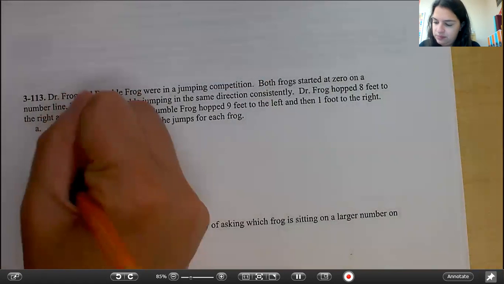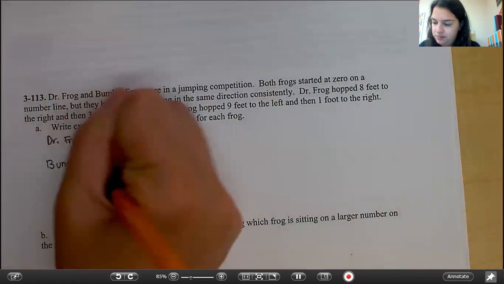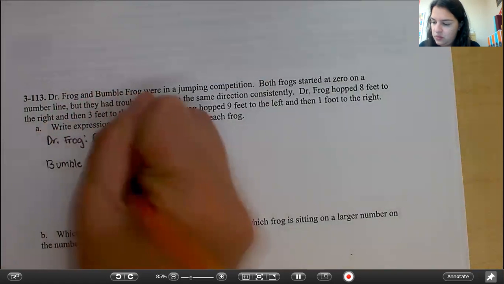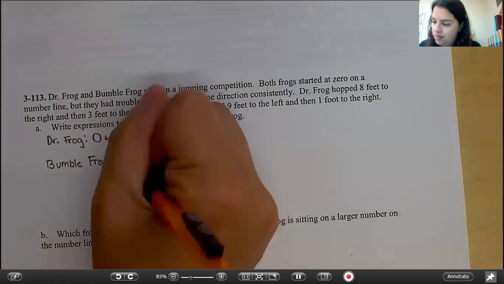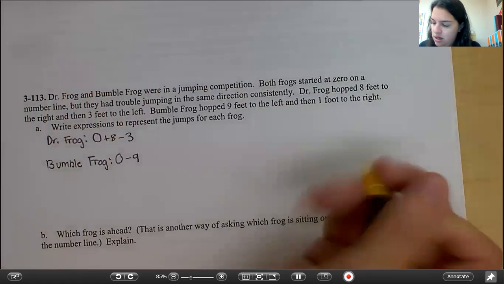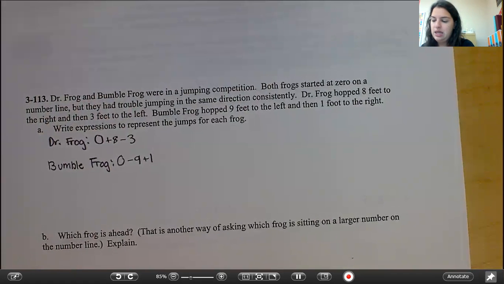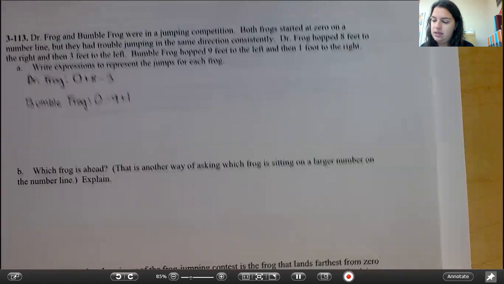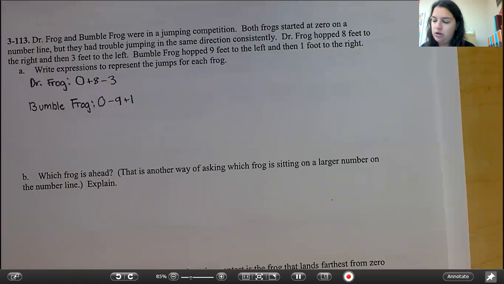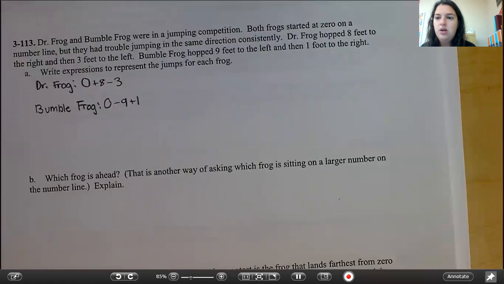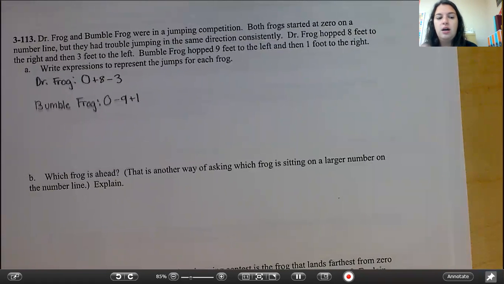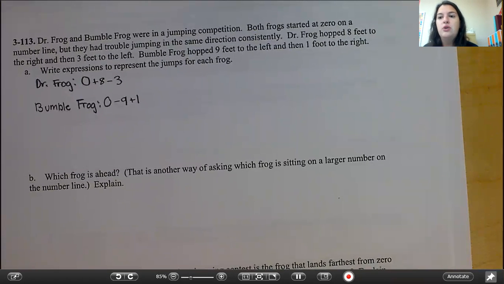Bumblefrog started at 0, hopped 9 feet to the left, and 1 foot to the right. So part B says, which frog is ahead? That is another way of asking which frog is sitting on a larger number on the number line. Explain. So go ahead and pause the video and answer part B. Remember, this is like your greater than or less than with your inequality. So go ahead and answer part B.